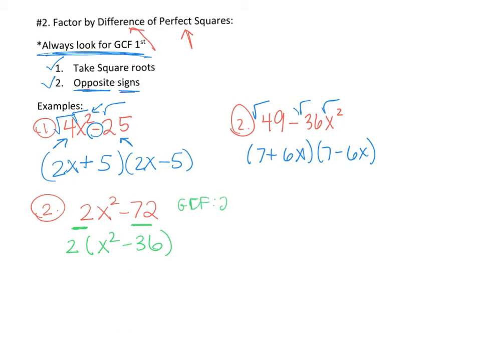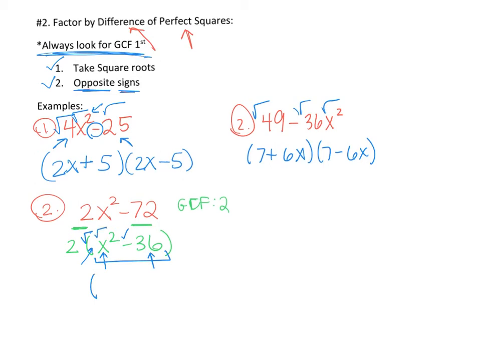then now I'm going to look at this x squared minus 36 and I say, oh, that is difference of perfect squares. 1 is a perfect square. X squared is a perfect square. 36 is a perfect square, and I'm subtracting. So now I'm going to take the square root of 1, which is 1.